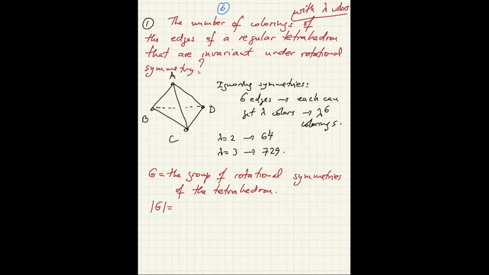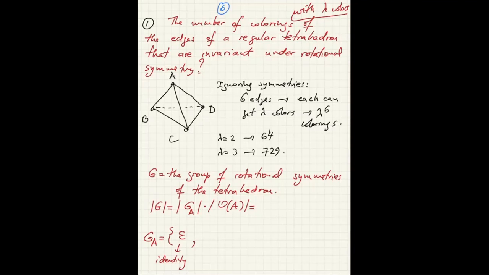So the cardinality of G will be the cardinality of the stabilizer of A times the cardinality of the orbit of A. The cardinality of the stabilizer of A is the number of rotational symmetries that fix the point A. Let's look at G of A, what does it consist of? Well, first of all, it has the identity, because that fixes everything. But if you fix A, then B, C, D are going to rotate.